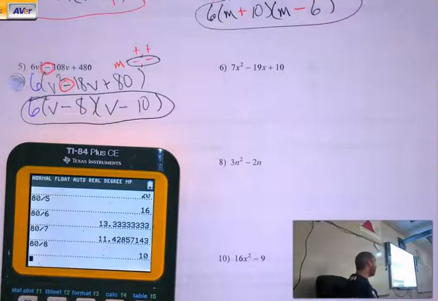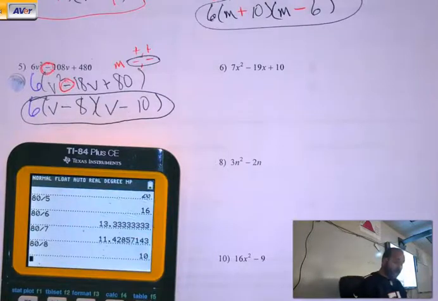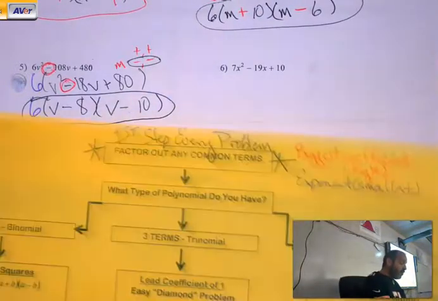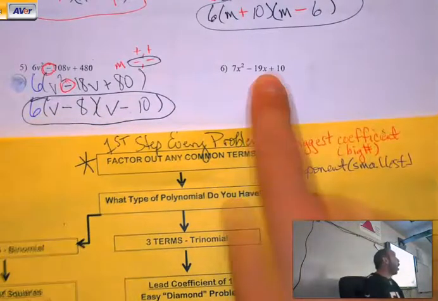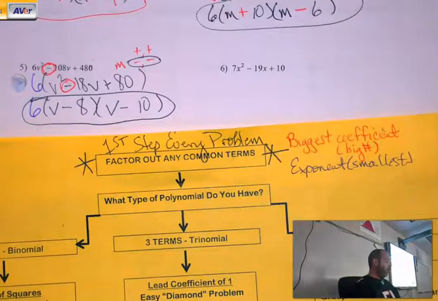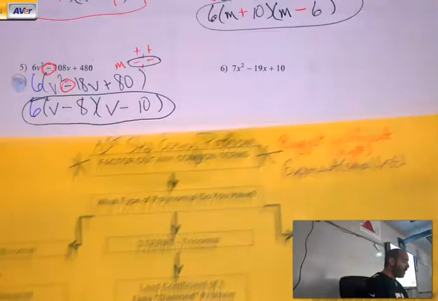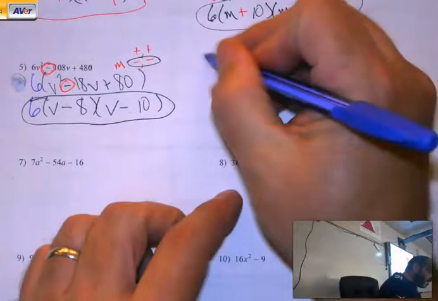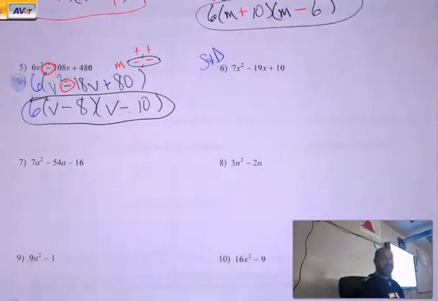So always get that first term out if you can. Because will there be a common term every time? No. Well, what if I can't take something out? Time for slide and divide.